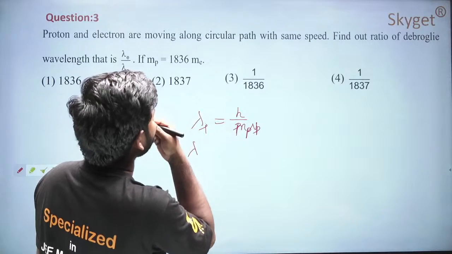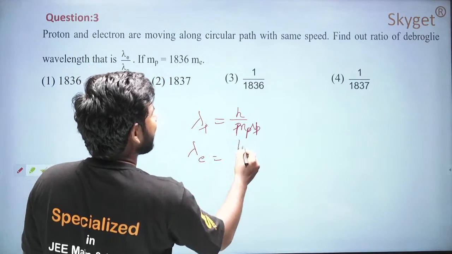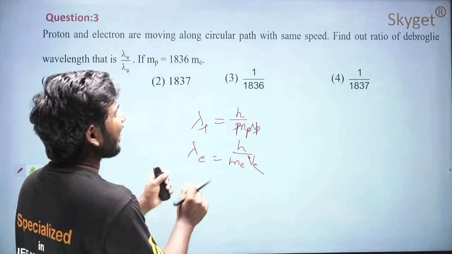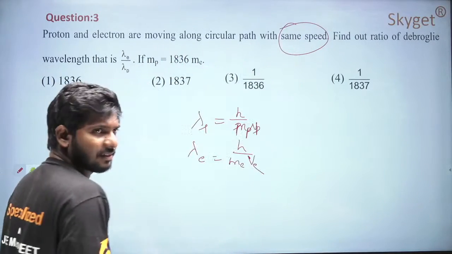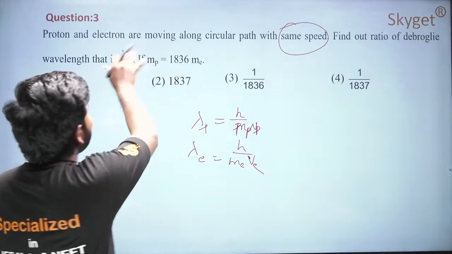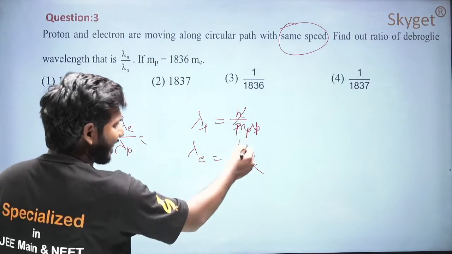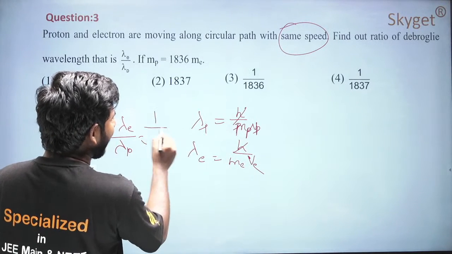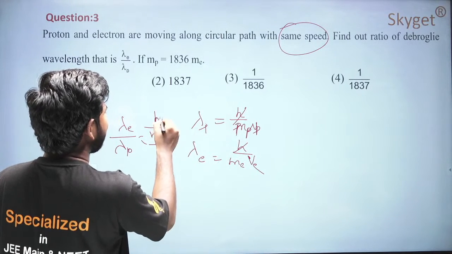Lambda of an electron can be written as h by mass of an electron into velocity of an electron. Another thing he has told is that both have the same speed. So what is the ratio of de Broglie wavelength? That is lambda e by lambda p is equal to, h gets cancelled, so that will be 1 by me ve divided by 1 by mp vp.